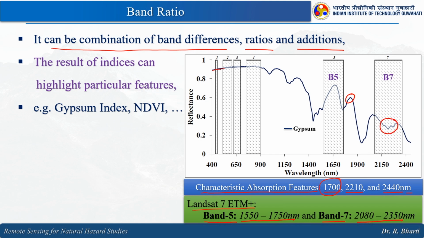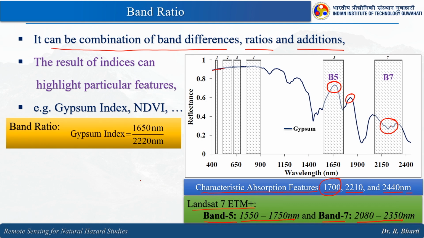Band 7 is capturing this particular absorption feature and band 5 is capturing this peak. If we consider these two, we can design this gypsum index. Here it is 1650 divided by 2220 nanometer. If you use this, all the gypsum pixels will be highlighted and the resultant image will be a ratio. Input is 2 bands, but output will be one ratio image, and in that image, the brighter pixels will highlight the presence of gypsum. I hope this is clear.